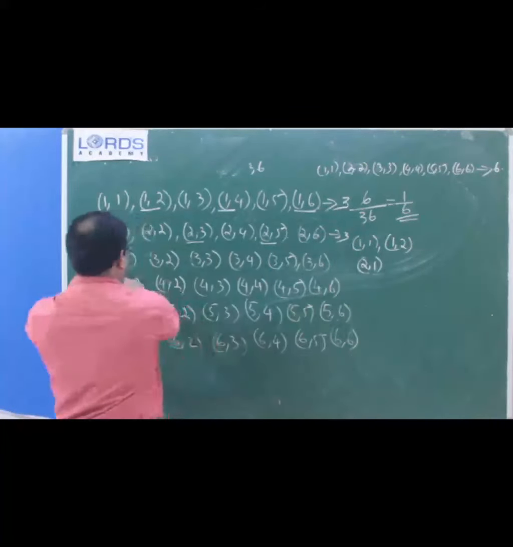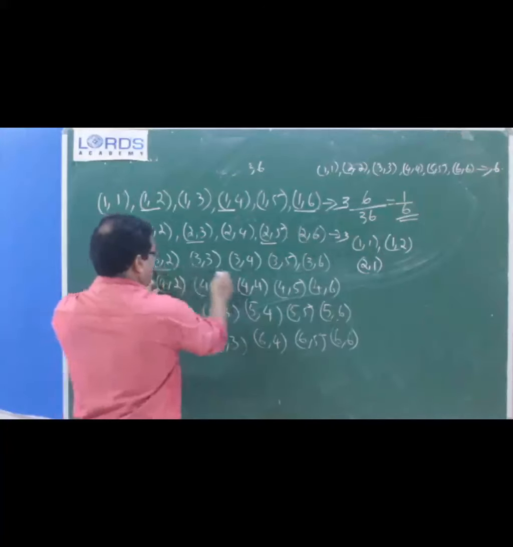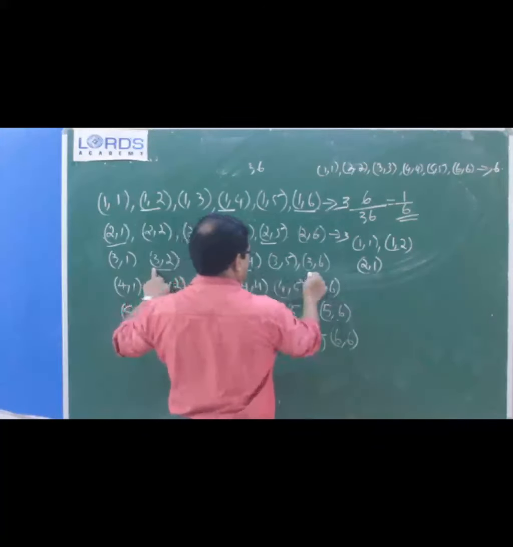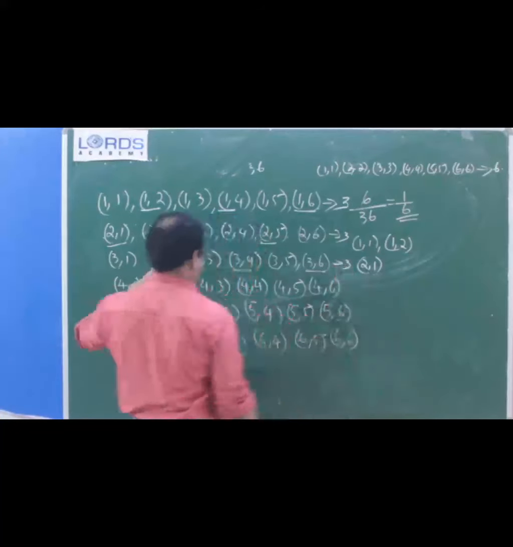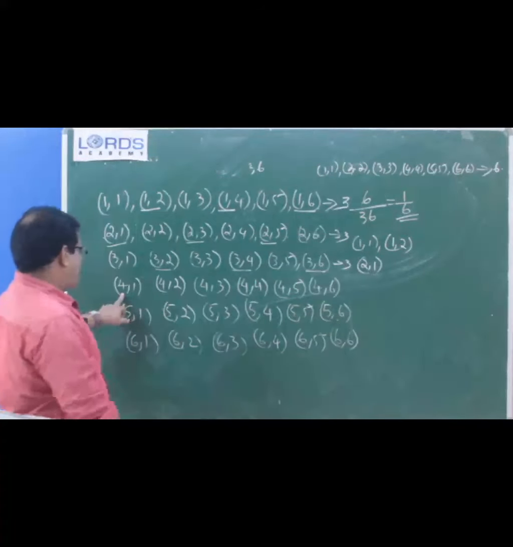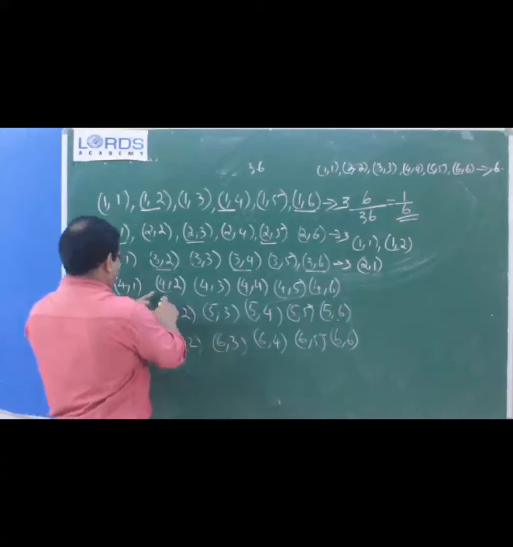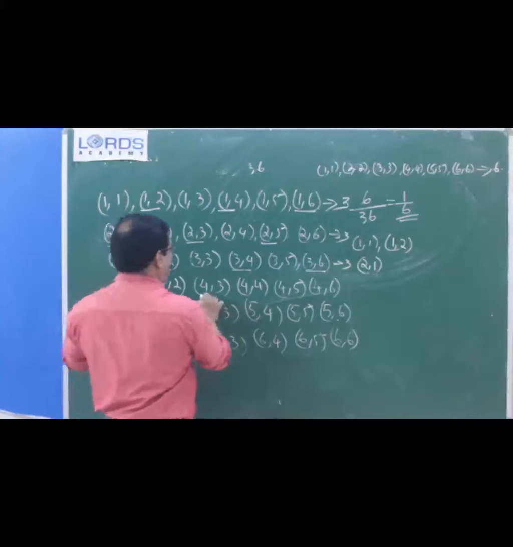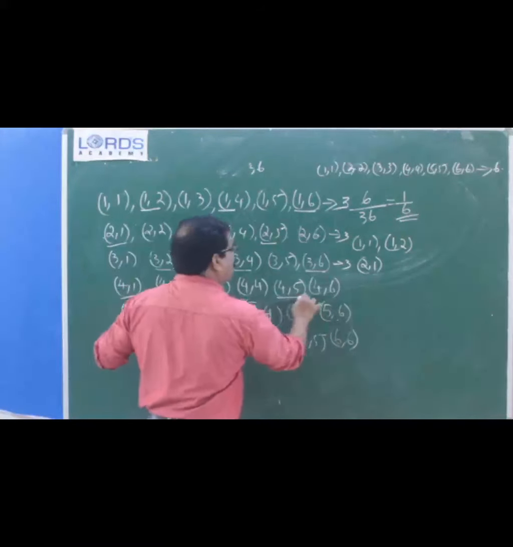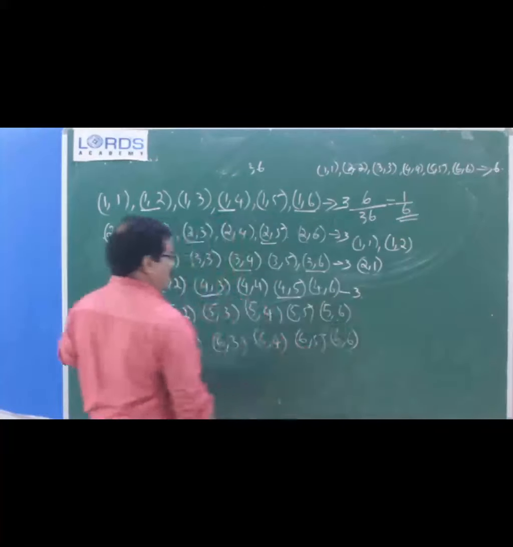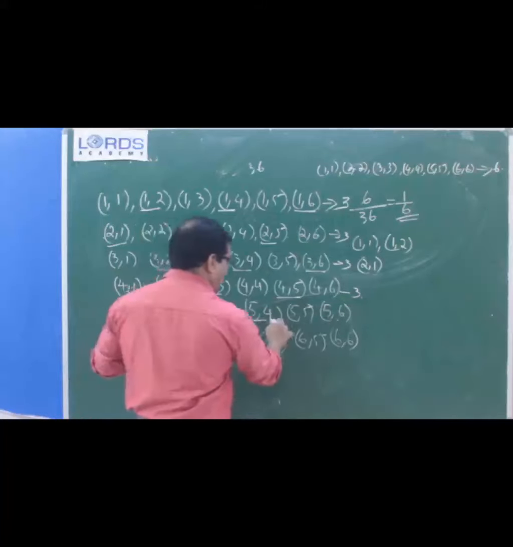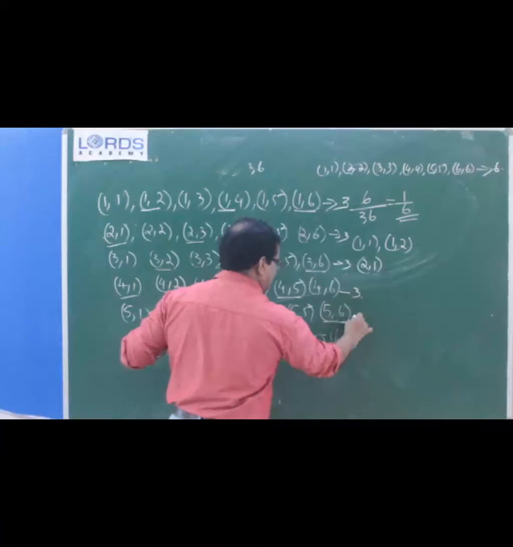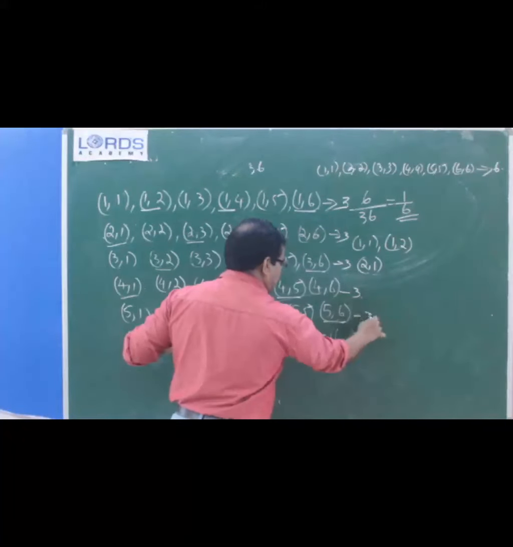Here also you will get 3 plus 2, 3 plus 4, 3 plus 6, 3. Here you can see 4 plus 1, 4 plus 3, 4 plus 5, 3. Here also 5 plus 2, 5 plus 4, 5 plus 6, odd number 3.